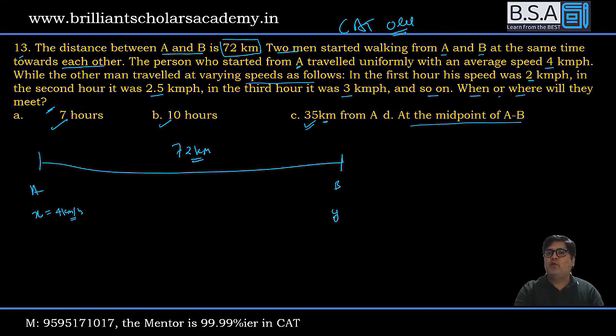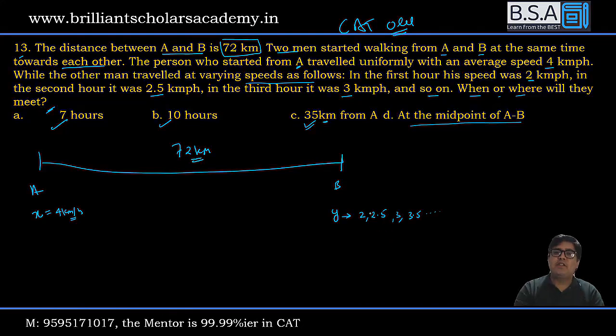The person who starts from B probably is a mathematician or likes maths. In the first hour, the speed is 2. Second hour, the speed is 2.5. Third hour, the speed is 3. Fourth hour, the speed is 3.5, and so on.